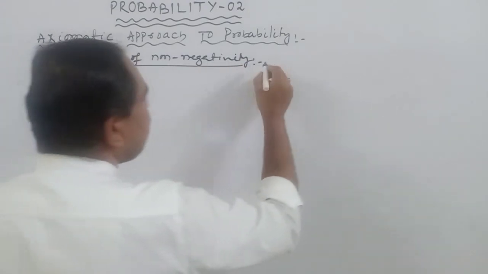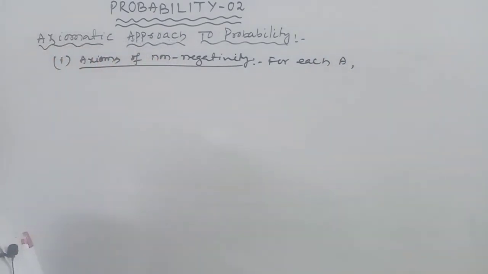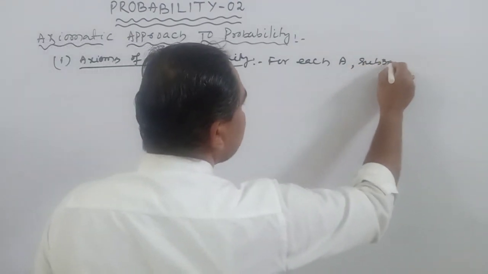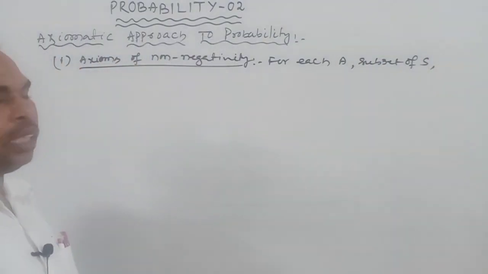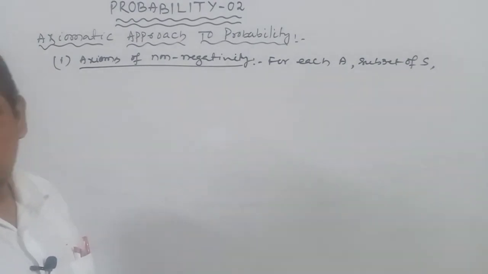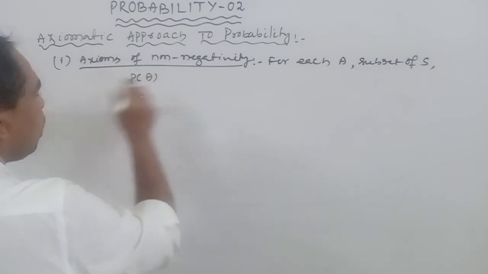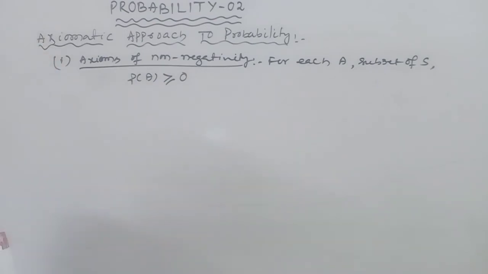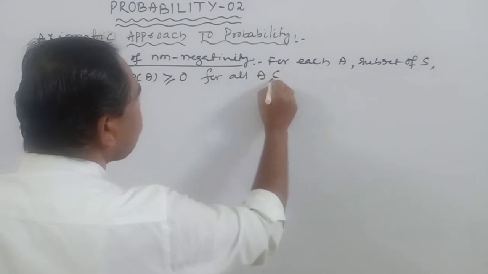For each A, a subset of the sample space S, P of A, the probability of A, is always greater than or equal to 0, meaning never negative. P of A is greater than or equal to 0 for all A subset of S.